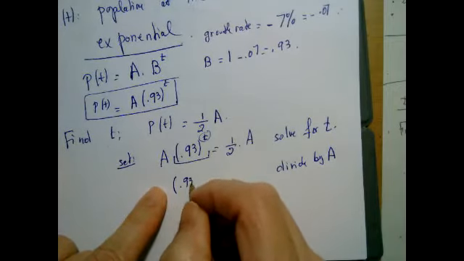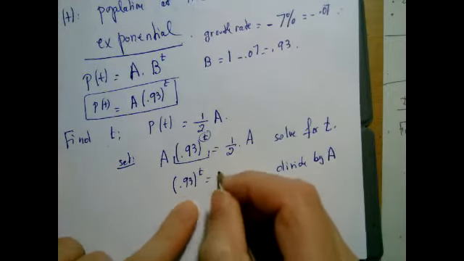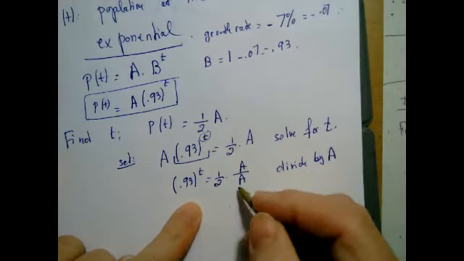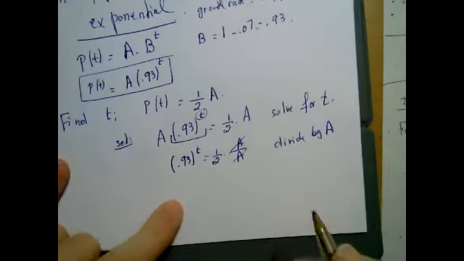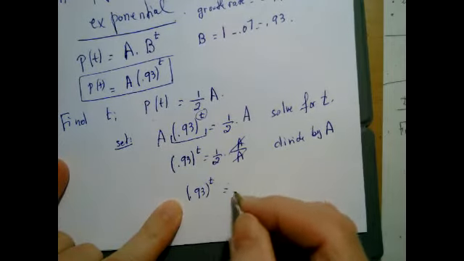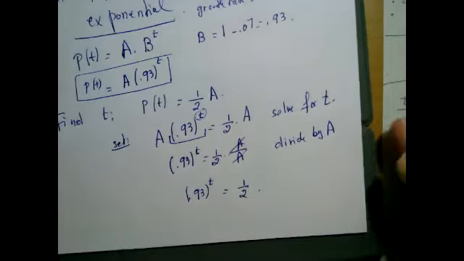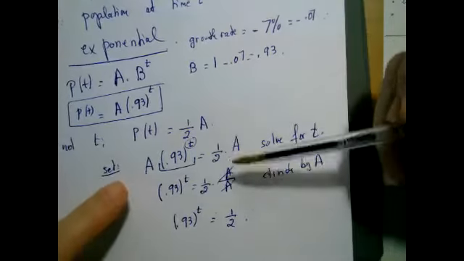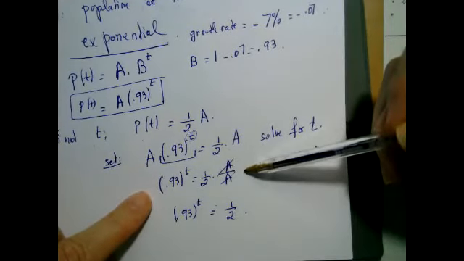We divide by A, and I will have this equal to a half A over A. My A is gone. And then I will have 0.93 to the power t equal to a half. The reason they did not give you A is because you actually don't need it. The A will eventually be simplified.